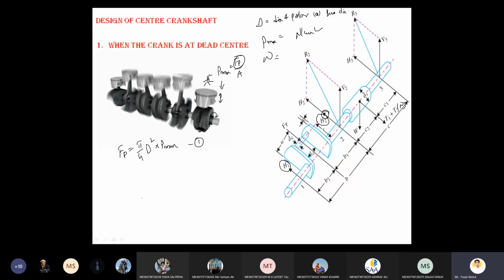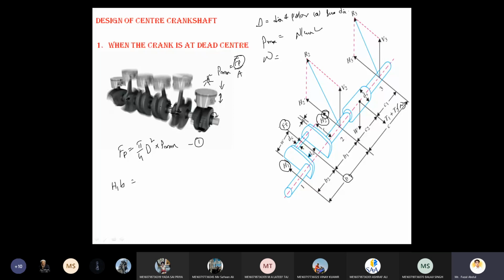Taking moments about H2, H1 into B equals Fp into B1, because the gas force is acting on the crank pin.